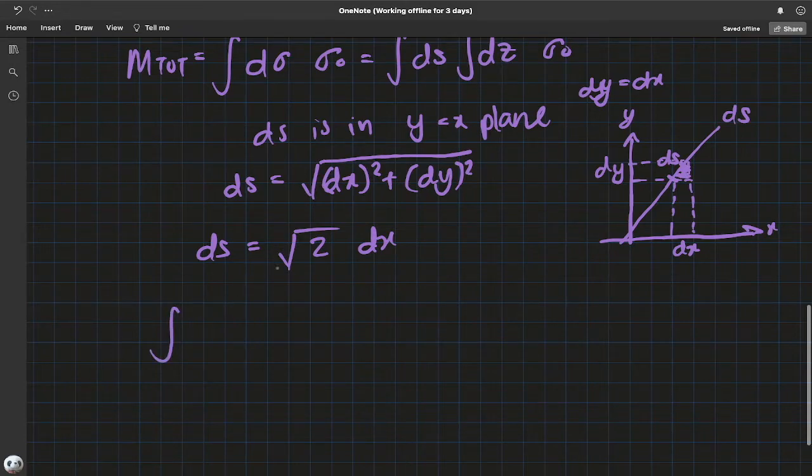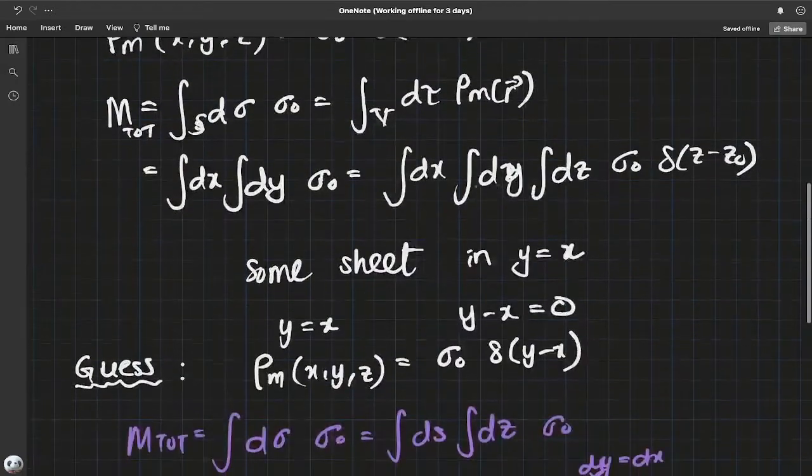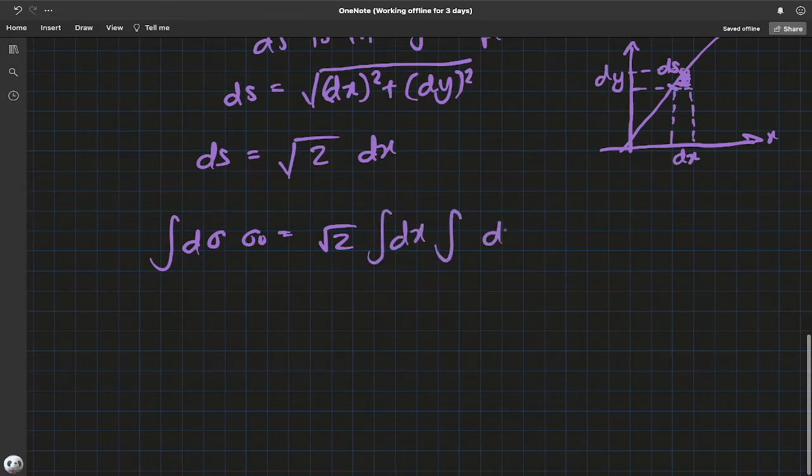All this is because of the parameterization we had to choose, which was different. In the previous case, the parameterization was easy: just take the plane it is on, which is unconstrained. So d sigma naught is basically equal to square root 2 dx dz sigma naught.